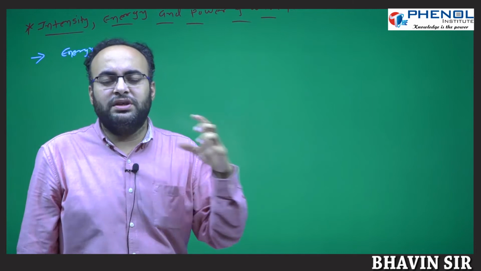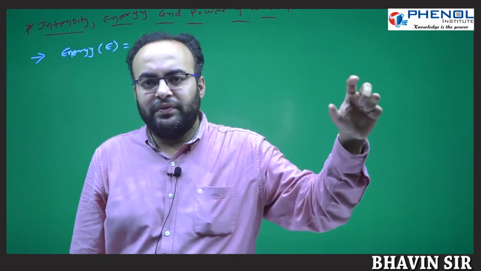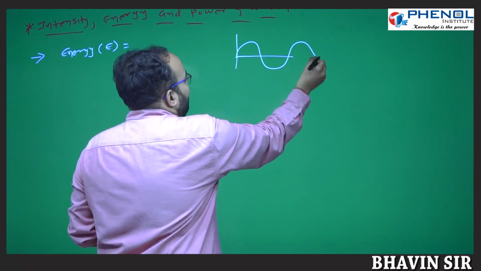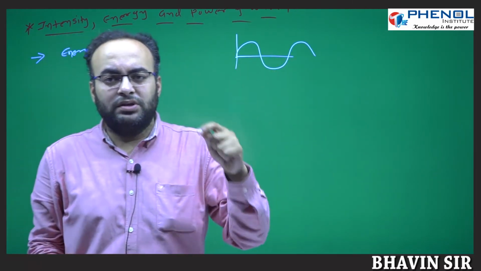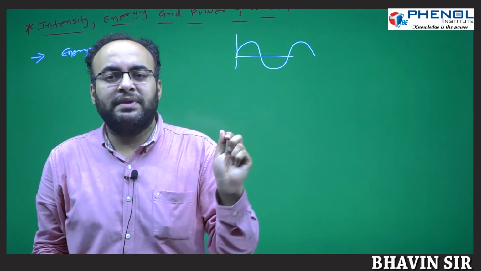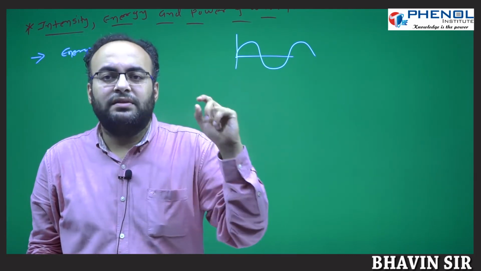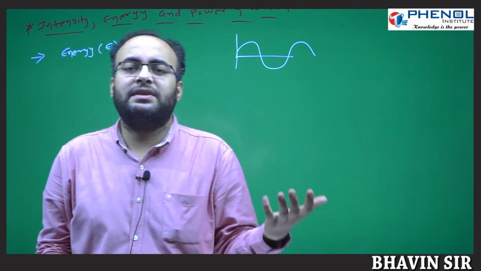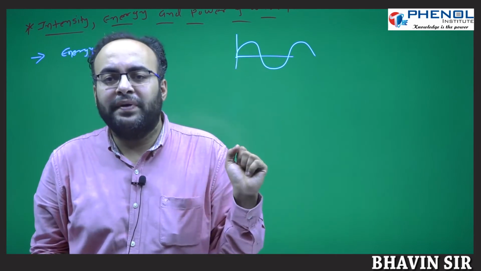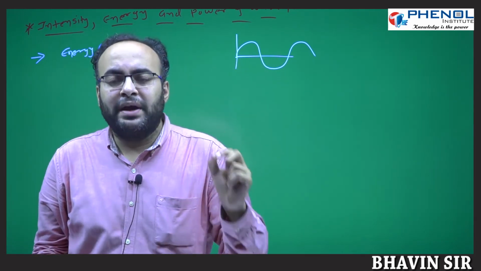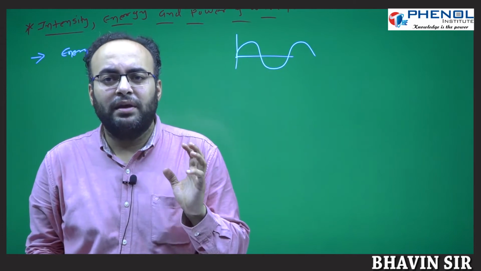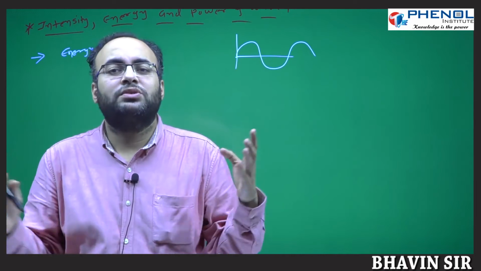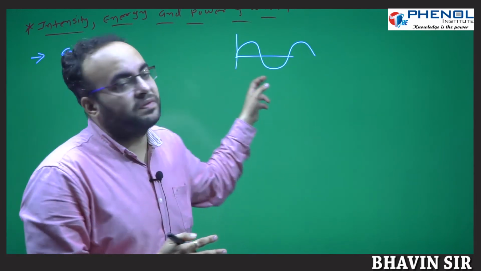So see students, during the propagation of a progressive wave, it is moving continuously. So the progressive wave is continuously moving, so it means the particle is continuously oscillating. So students, here we consider energy of wave means maximum kinetic energy of particle in a wave. Why? Because the particle is continuously oscillating, so there is a continuous motion of the wave.